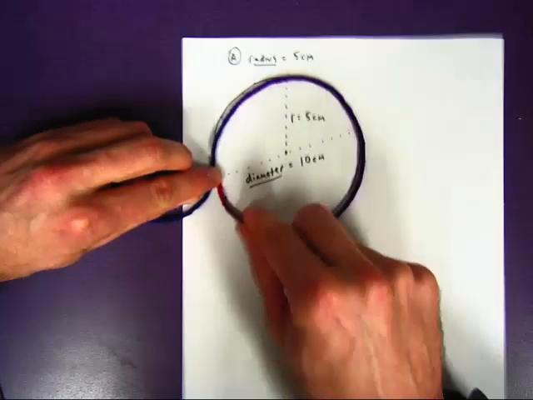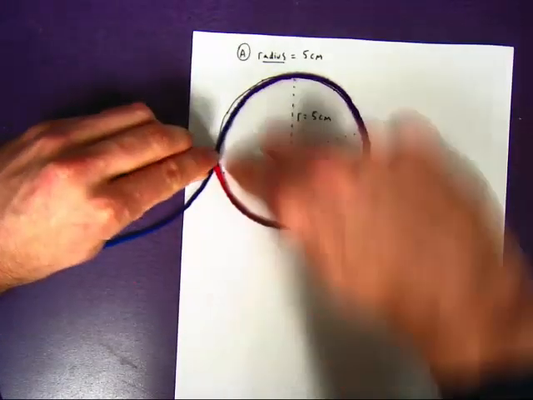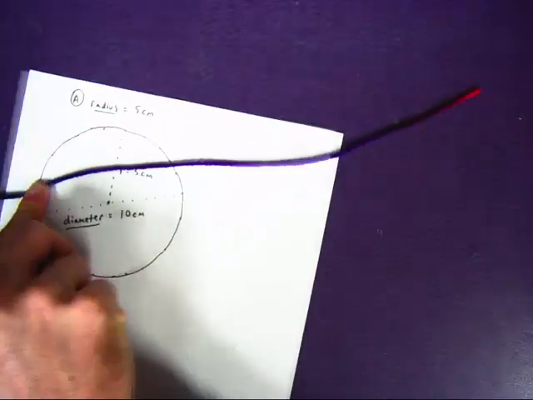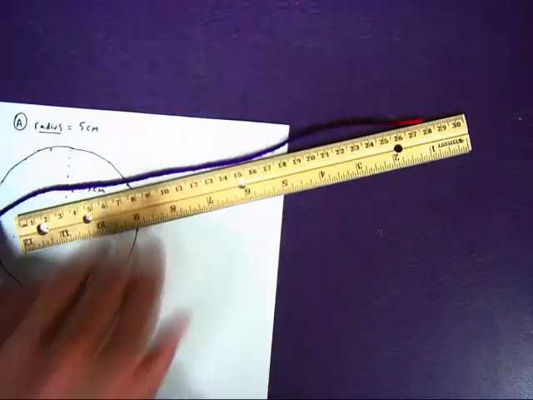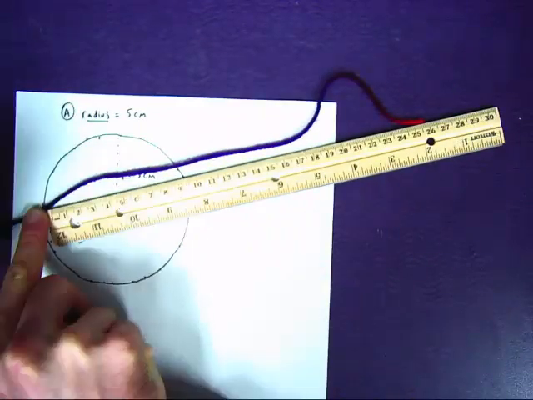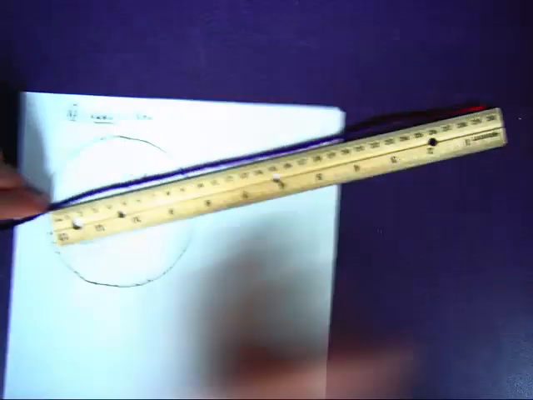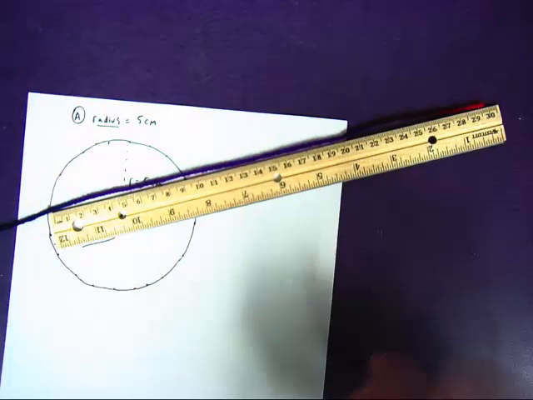So that looks actually pretty good. Maybe pull a little bit off. I'm going to hold it right there, where the edges touch, and that's the piece I want to measure. If I take my ruler and start it at the edge, it looks like it's going to be really close to 29.5.